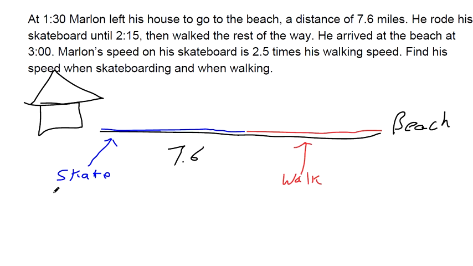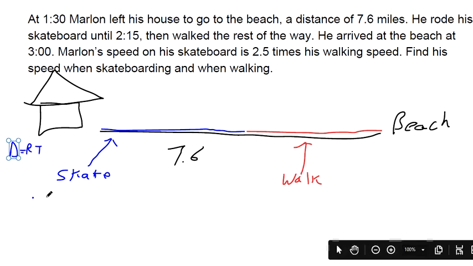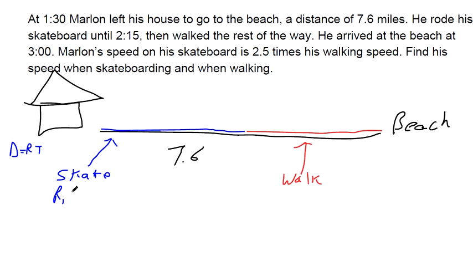We can start expressing the skateboard distance in terms of distance equals rate times time, right? The distance that he travels on the skateboard is the rate of the skateboard, which I'll call R sub 1, because I'm going to have two rates here, times the time spent traveling.